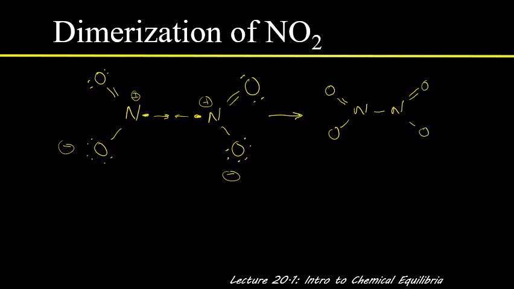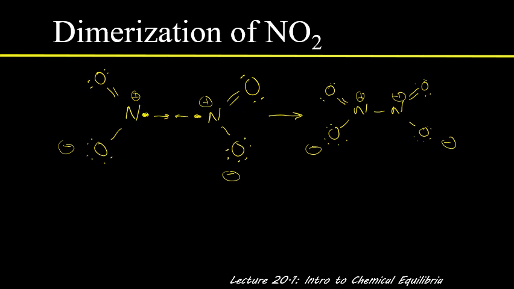Okay. And put in these electrons. So we've got a negative formal charge here, negative charge here. All right. So I wanted to put all that in there just so that you can see what's going on with this molecule.